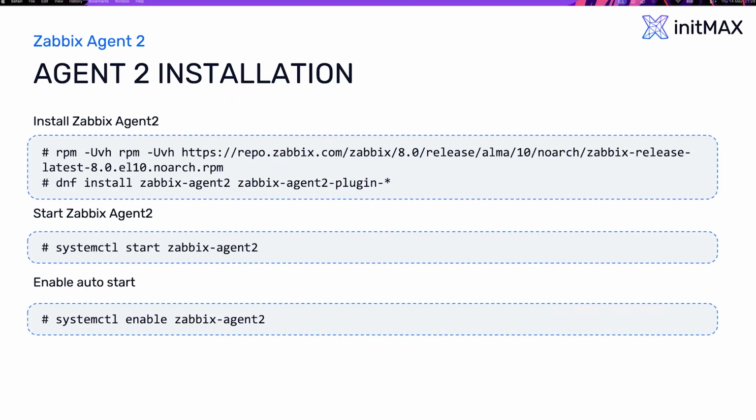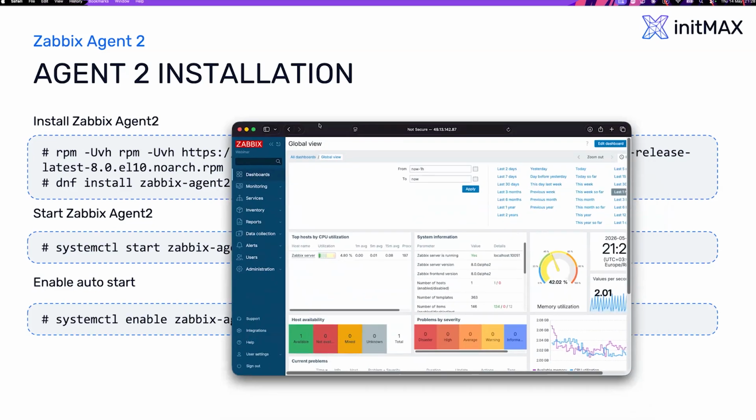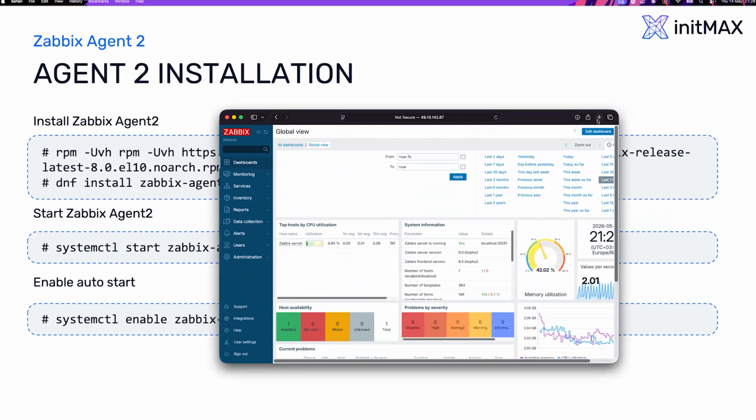Essentially, what we're doing here is adding the repository of Zabbix Agent 8.0 for the Linux distribution Alma Linux 10, and we are installing Zabbix Agent 2 and Zabbix Agent 2 plugin, which has information about all of the plugins, right? And plugins are essentially different monitoring types that Zabbix has official templates for.